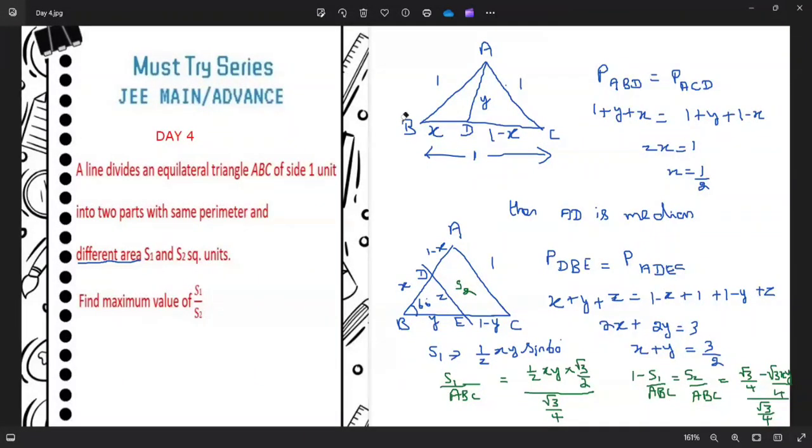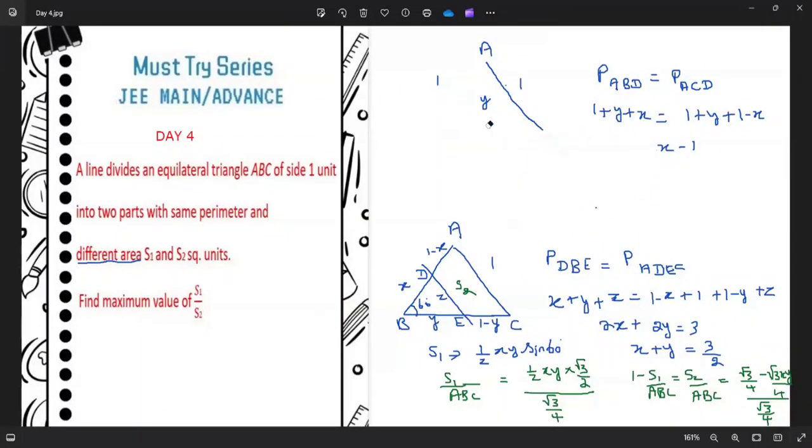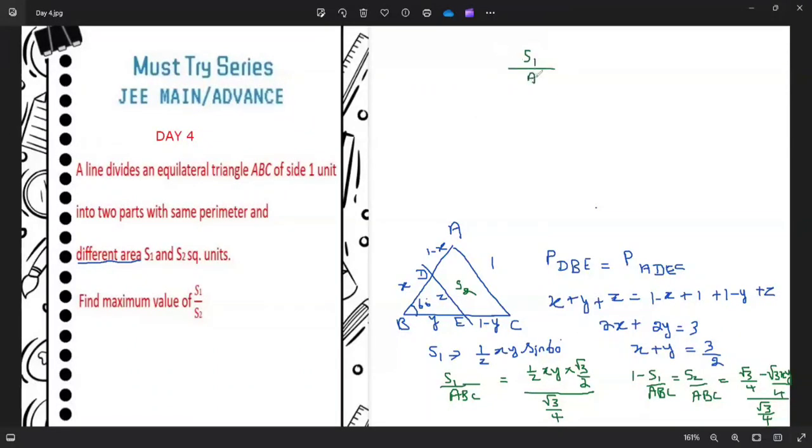I'm going to clear the first image here. S1 by ABC area, I'm going to divide it by S2 by ABC area.